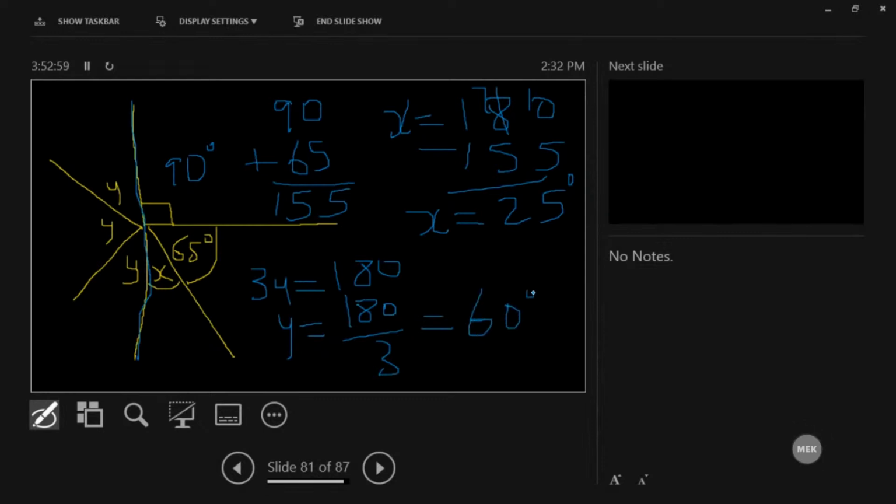All right. So x is 25 degrees. Each of these y's is 60 degrees. If we were to add up all of them, we would get 360 degrees, because all of them make angles in a circle, or a complete rotation.